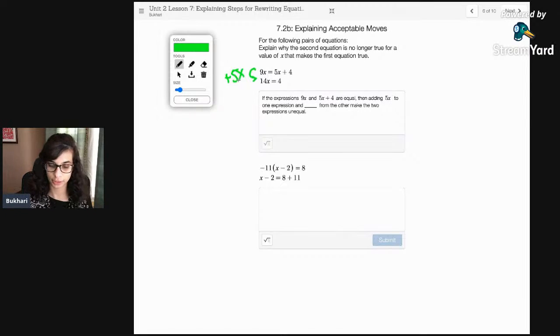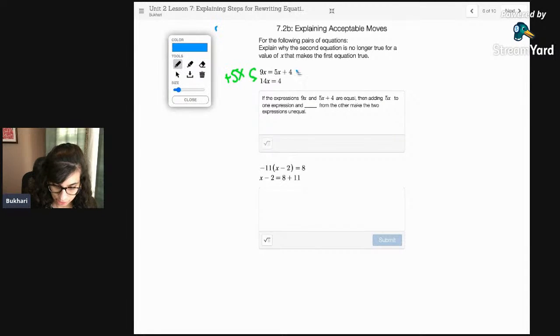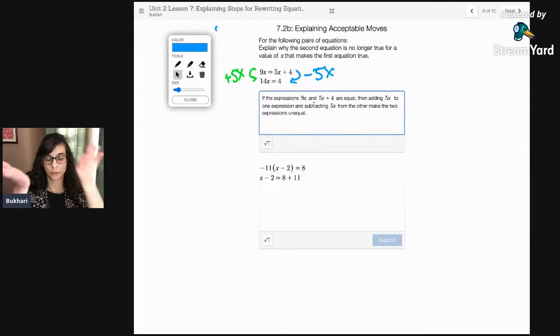If I'm adding 5x to one expression, but on this side I seem to be subtracting 5x from the other side, then I'm going to create two unequal expressions. What you do to one side, you must do to the other. It is a constant balance of equations. If I add 5x, then I must add 5x to the other side.